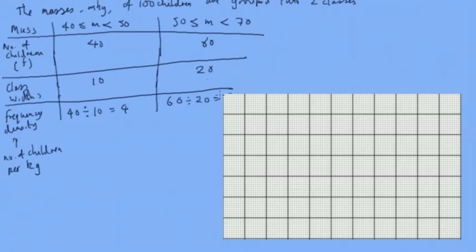On our x-axis we'll have that concertina bit here. And we'll start off at 40, 50, 60, 70.